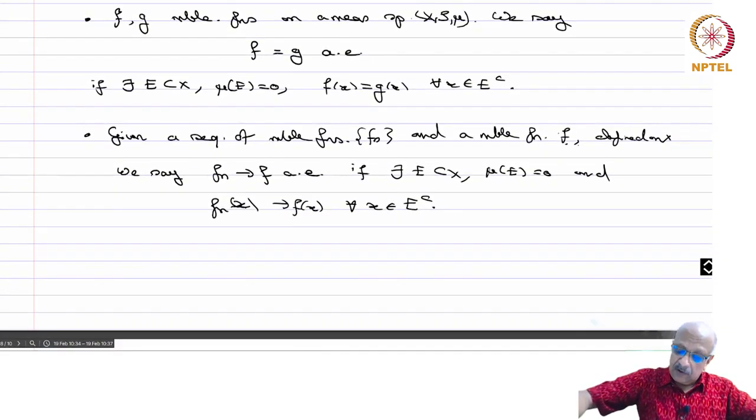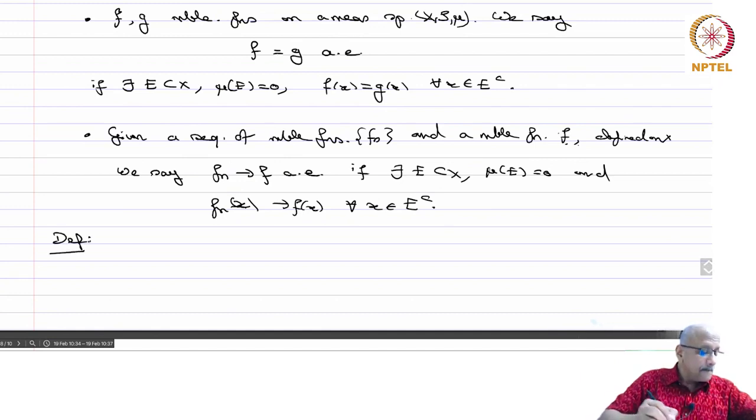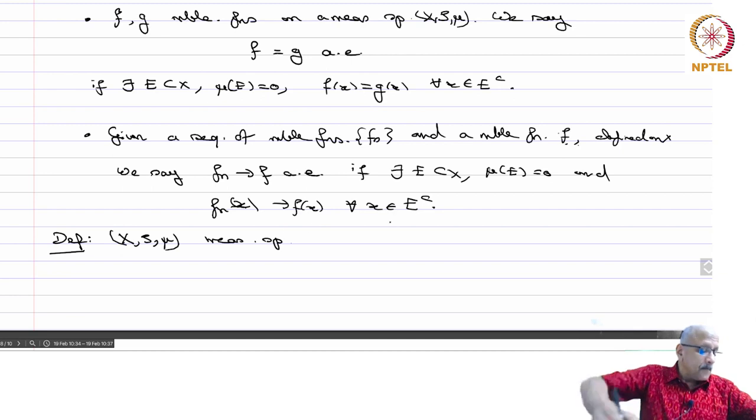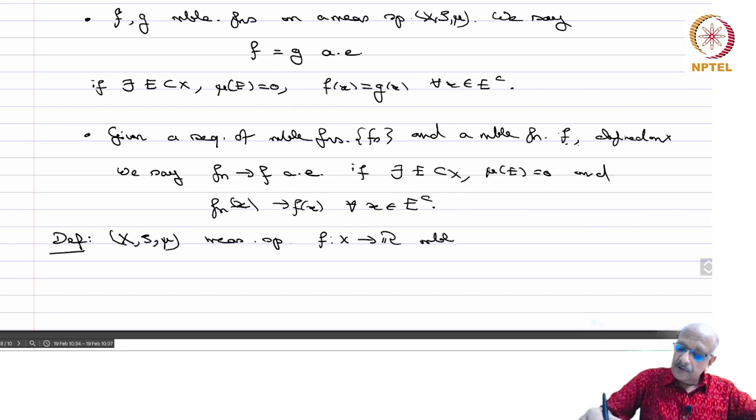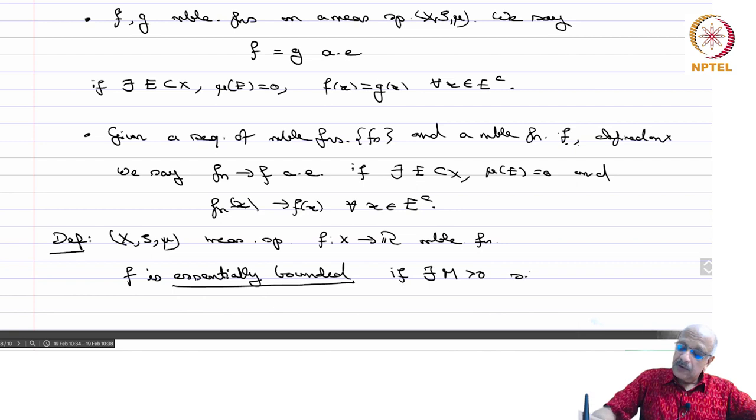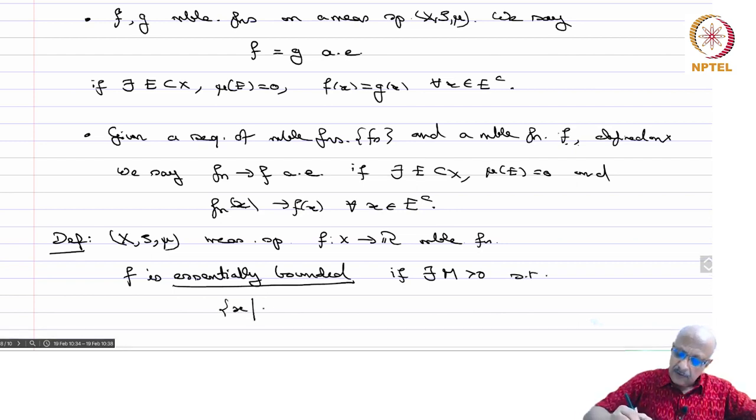So in this context, we will also make the following definition. X, S, mu is a measure space, f from X to R a measurable function. f is essentially bounded if there exists m greater than 0 such that the set of all x in X such that mod f of x is greater or equal to m has measure 0.